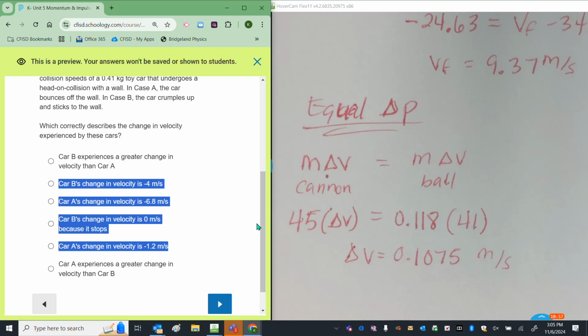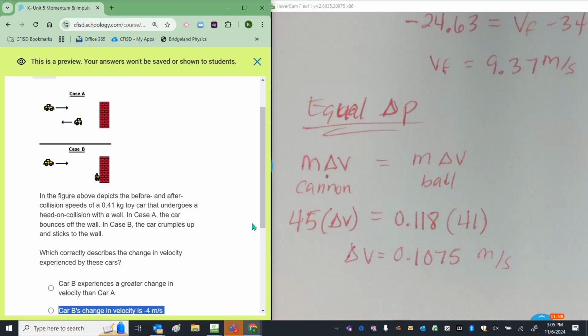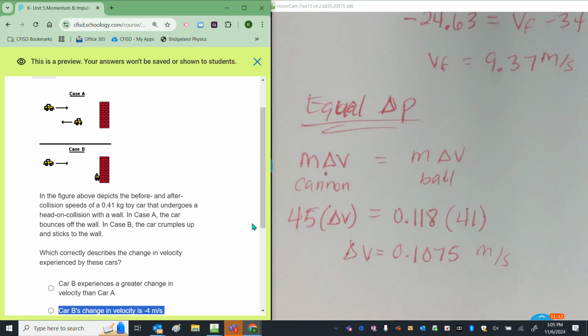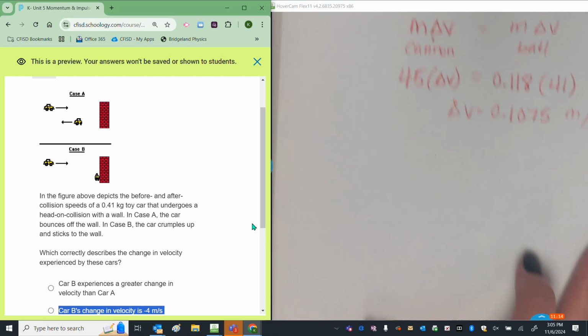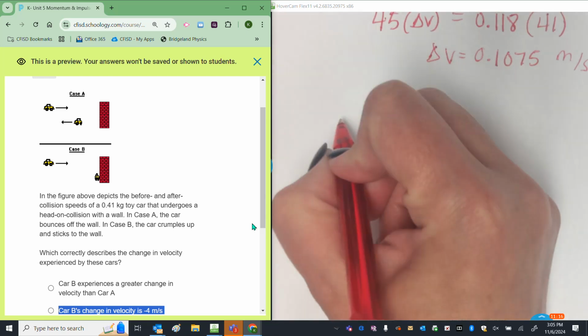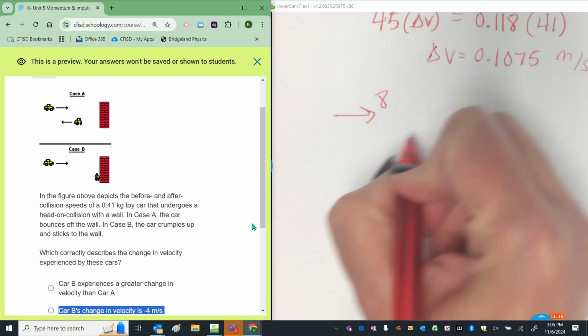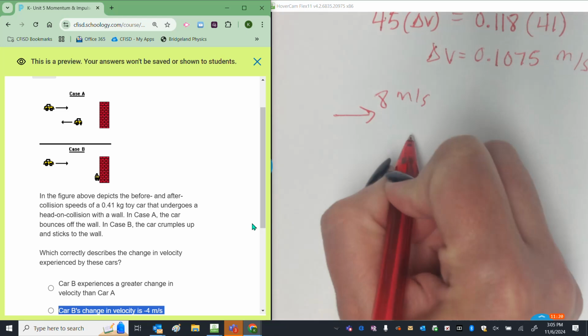So that leaves us with two choices. Car B experiences a greater change in velocity than car A, or the exact opposite, car A has a greater change in velocity than car B. And guys, in the case of car A, if we put some fake numbers to this for a second, we could say that car A is initially going, let's say 8 meters per second, just making up numbers, it doesn't matter.